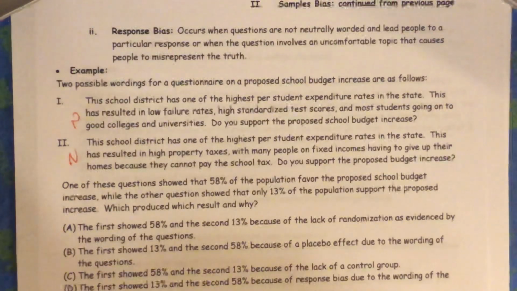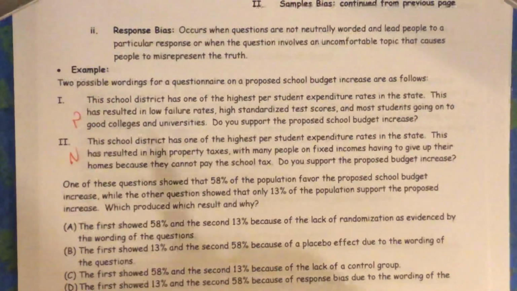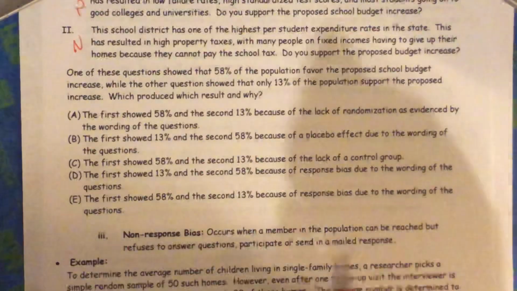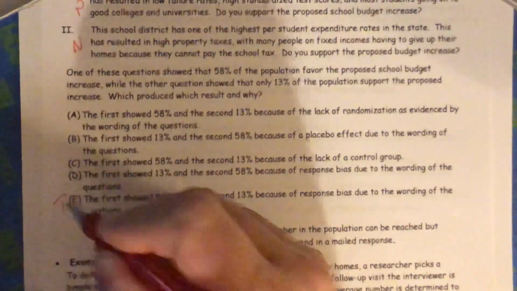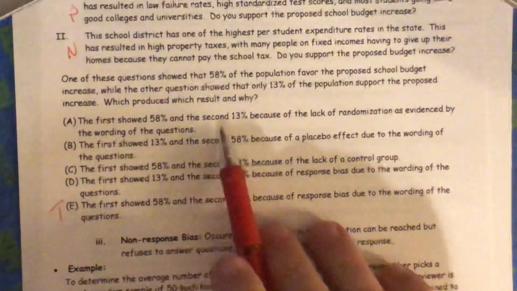One of these questionnaires showed that 58% of the population was in favor of the proposed school budget, while the other showed that only 13% were in favor. Which question showed which, and why? Well, the first showed 58% and the second showed 13%, because of response bias due to the wording of the question. So this looks like it's going to be my answer.